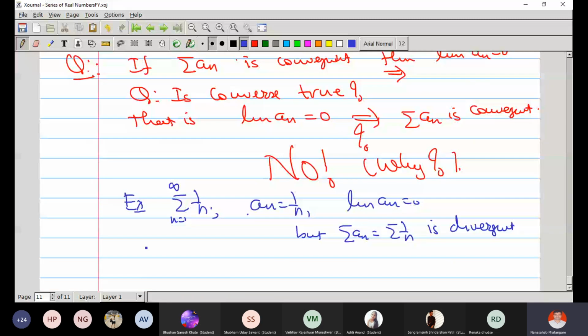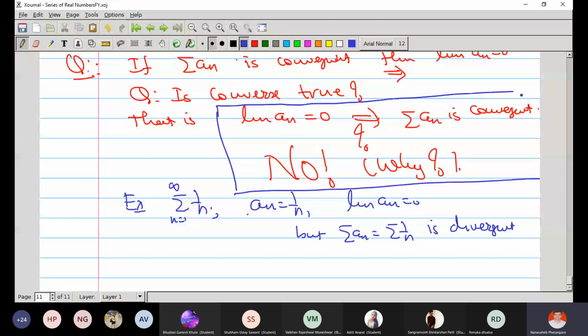You should remember this very important statement. Try to understand the meaning: if P implies Q, it means if P is true then Q is true, not the converse. The converse may not be true. So if limit an is 0, it may converge, it may not converge.